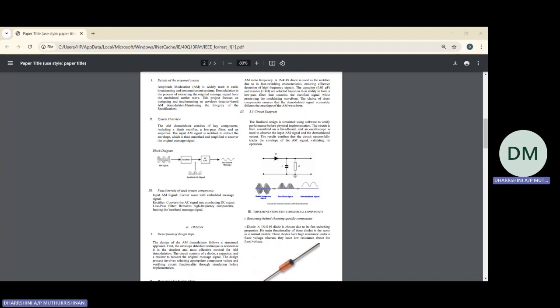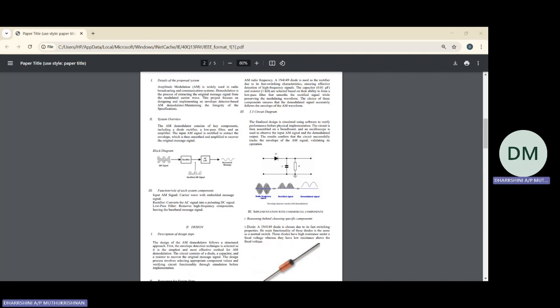The capacitor, which is 0.01 µF, and the resistor, 1 kilo ohm, are selected based on their ability to form a low pass filter that smooths the rectified signal while preserving the modulating waveform. The choice of these components ensures that the demodulated signal accurately follows the envelope of the AM waveform.